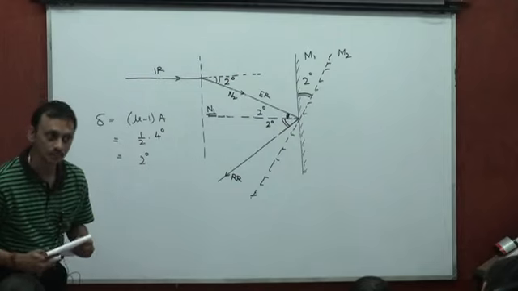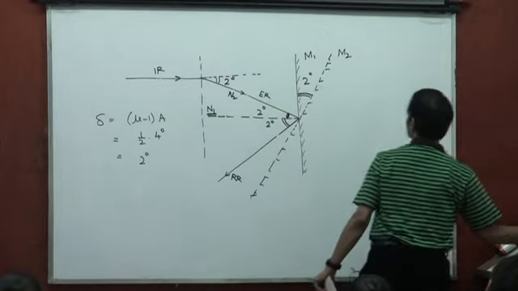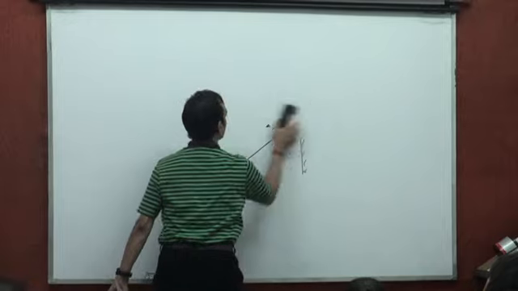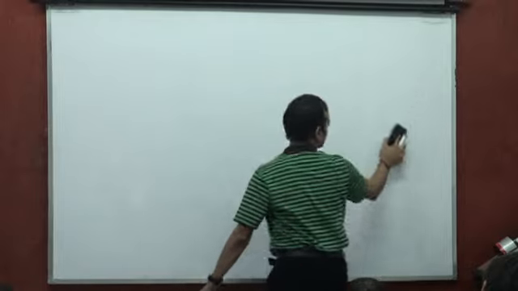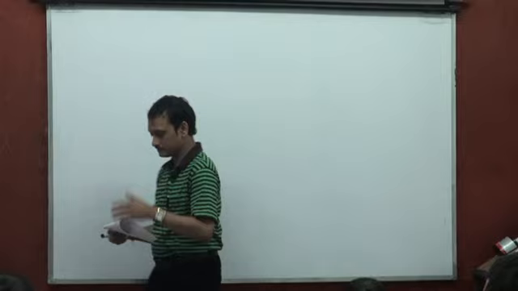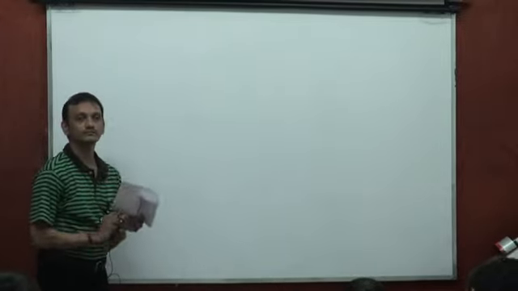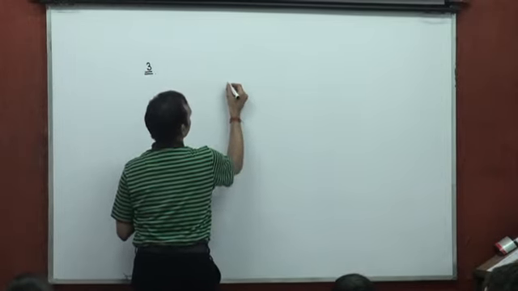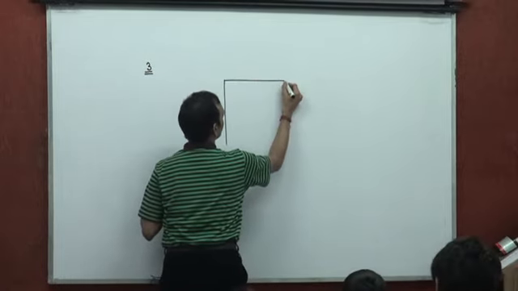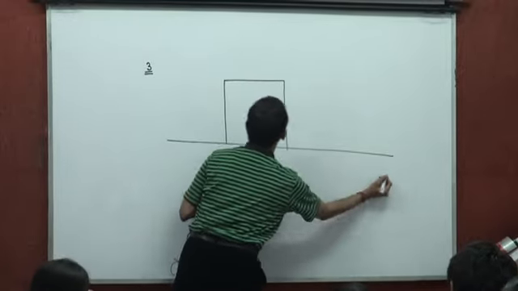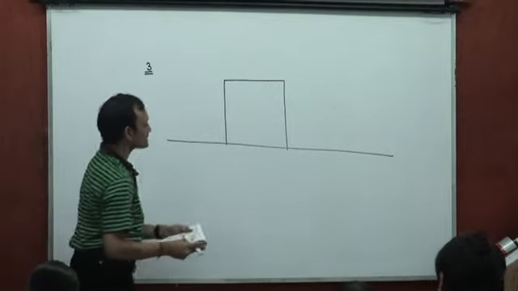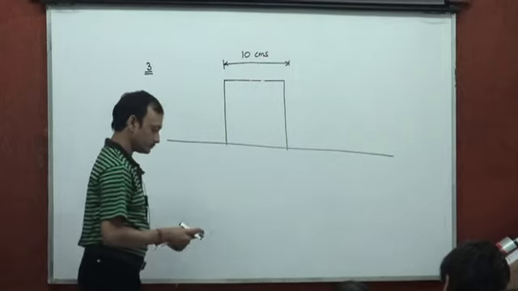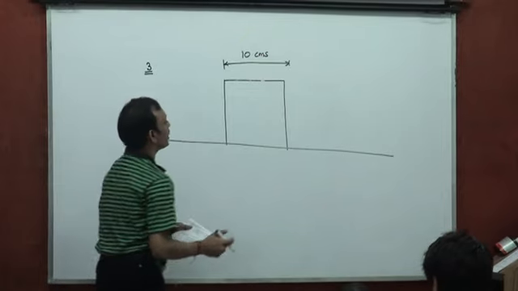Shall we look into problem 3 then? Problem 3. We have a glass slab of thickness 10 centimeters, and its farther side is silvered.